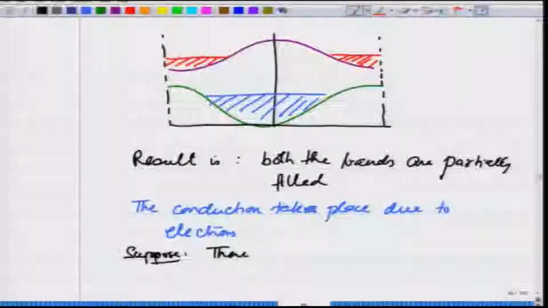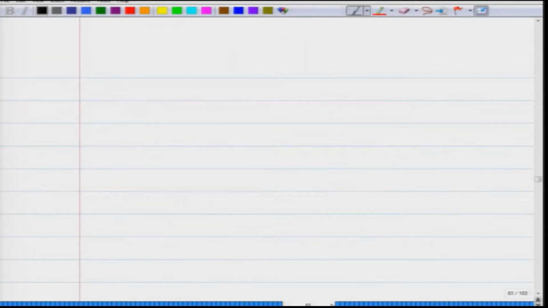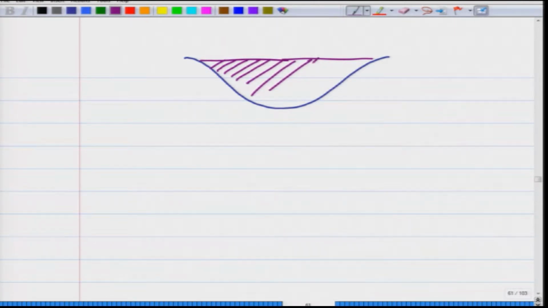there are 2n minus 1 electrons in a band. Just suppose there are 2n minus 1 electrons in a band. So, what would happen if I were to make this band? There are these electrons filling all the way up to 2n minus 1, and there is one electron which is not there. So, one state is free.